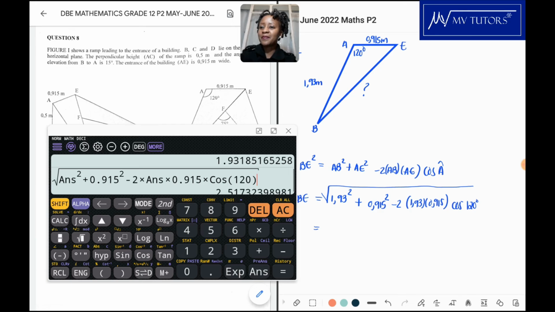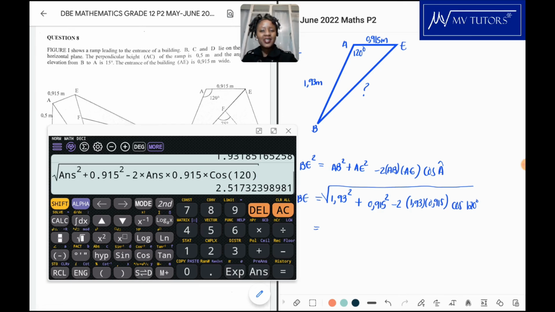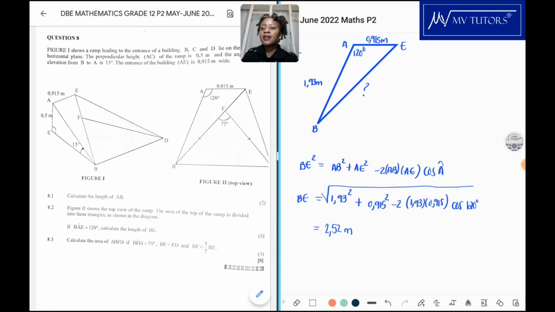And we have an answer of 2,52 meters. If they don't specify to how many decimals you should round off, just round off to 2 decimal places. So we have BE, a nice 3 marks.